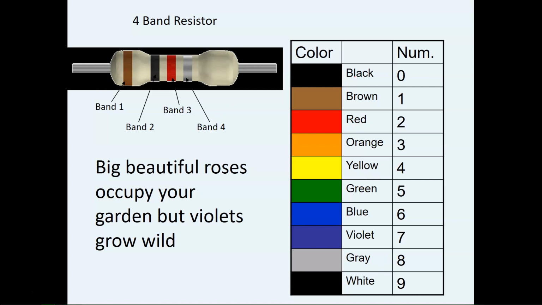And you can find mnemonics everywhere online. So if big beautiful roses don't cut it for you, you find something else that you want to use, that's fine. But this is one of the more common ones that is fairly easy to remember. I've had some people tell me that the way they memorized it is they memorized the fact that this is all colors of the rainbow.